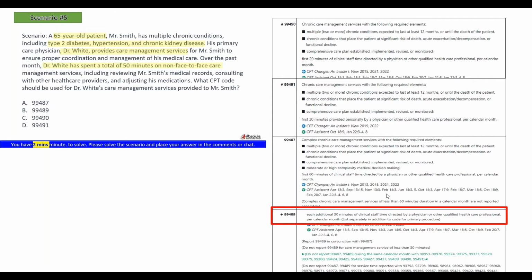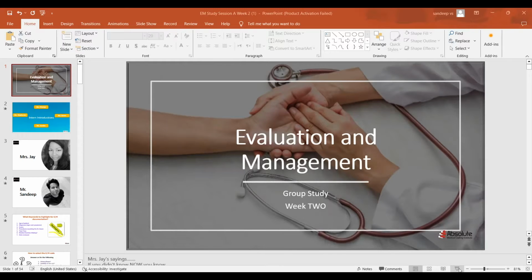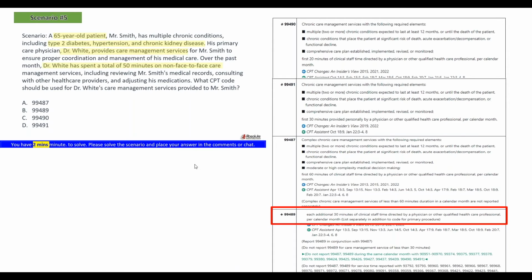They are not standalone codes. Add-on codes are not standalone codes. Yes, I see an aha moment in the chat. So we can easily eliminate option B because they are add-on codes. Option B is incorrect straight away.